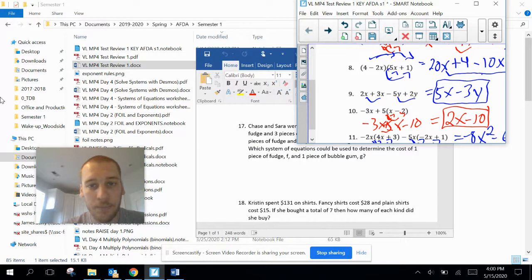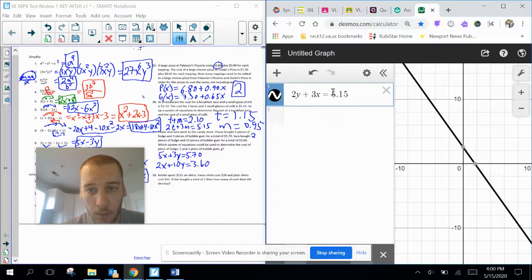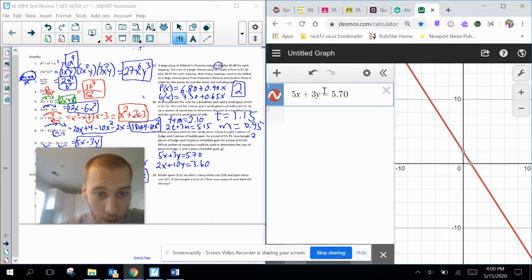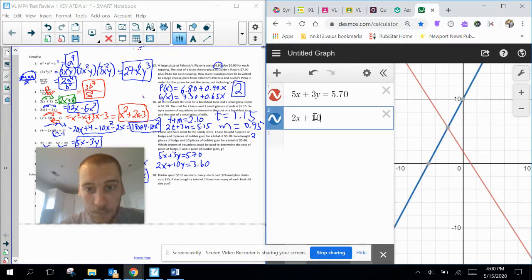So I'm going to type these in to Desmos. We got 5x plus 3y equals $5.70. Remember, x is fudge and y is gum. And 2 fudge plus 10 bubble gum is $3.60.